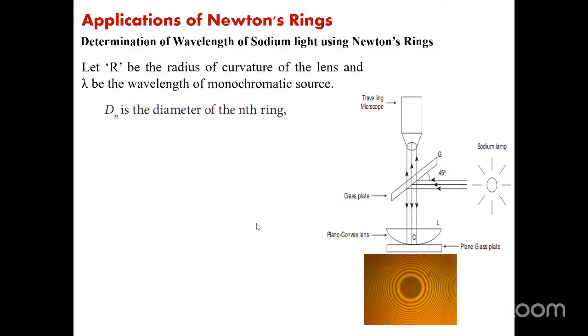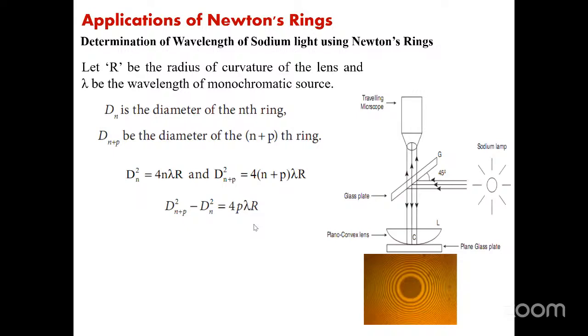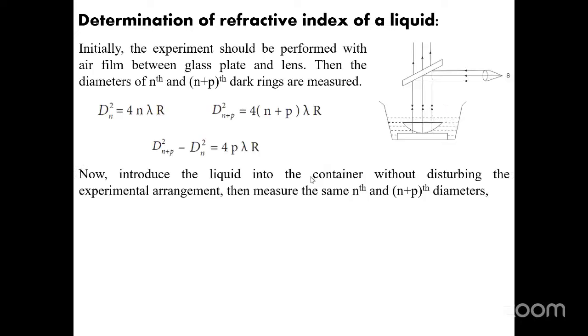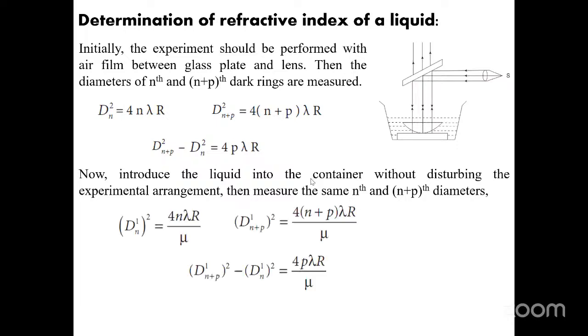The radius of curvature can also be found out: dm square minus dn square by 4 into (m minus n) into R, where dm is the diameter of the mth ring and dn the diameter of the nth ring. Also determination of the refractive index of the liquid. By using the same formula, you can easily find the refractive index value, mu.